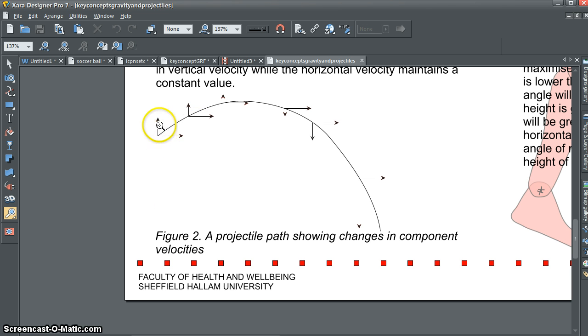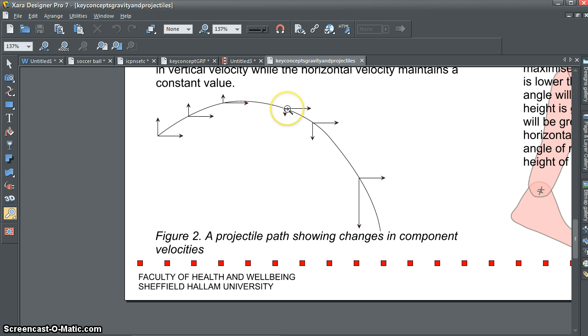In contrast, we note that the vertical velocity changes as the projectile continues its path. Initially, the vertical component is diminished until at the top of the flight path, where the cursor is indicated here, there would be no vertical component, but the object would still retain its horizontal velocity.